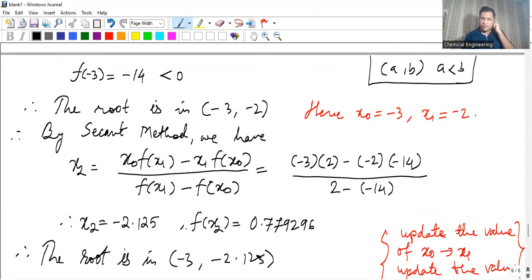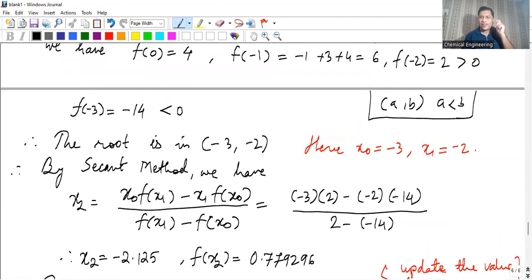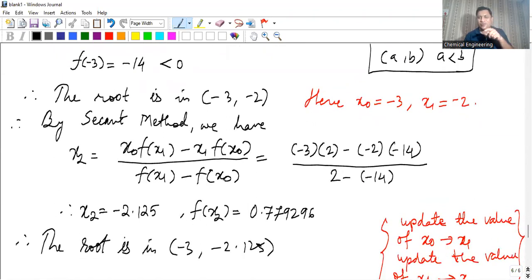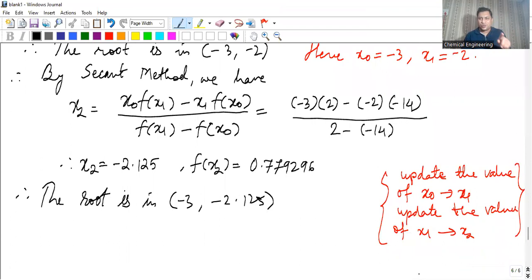But -3 will be x0. Yes, that's why I was saying that we have to update x0 to x1 and we have to update x1 to x2. This is the difference in approach of the secant method. That's why it is going to be the secant method. If you think of the interval, then it is not going with the interval, it is going with the nested intervals.